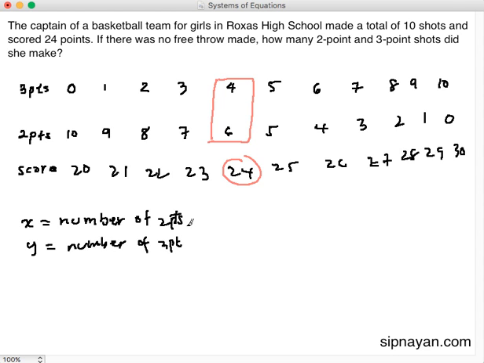Number of 3-point shots and the number of 2-point shots.